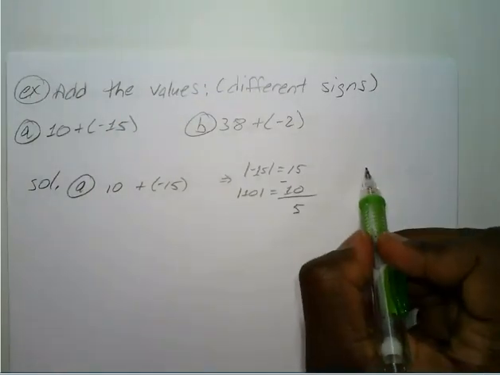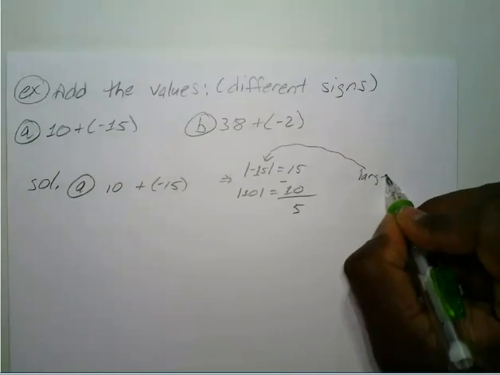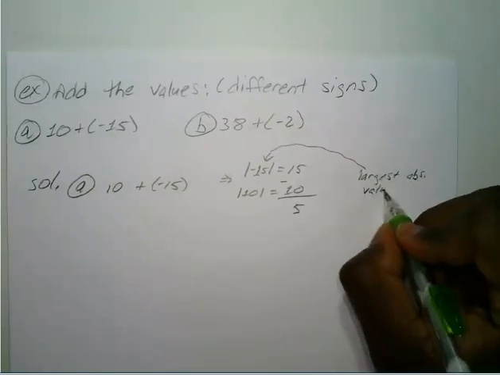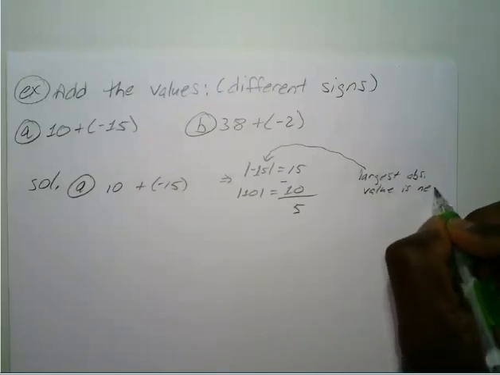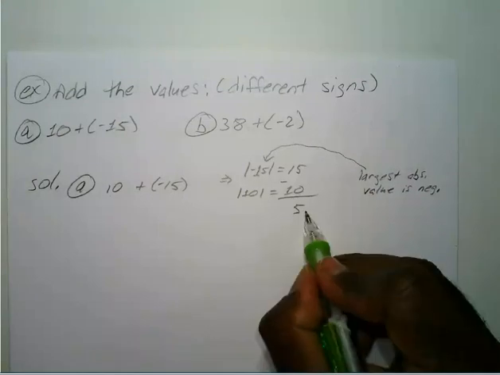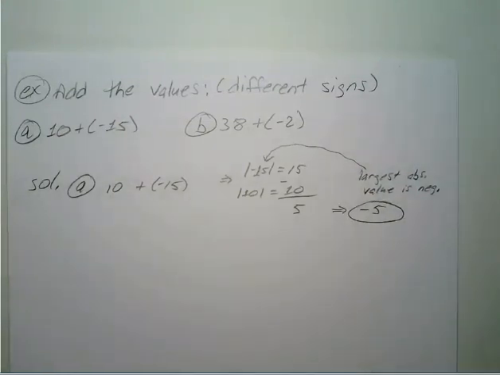We see here that the largest absolute value is negative, that's the negative 15. So this 5 becomes negative 5, and that's your answer.